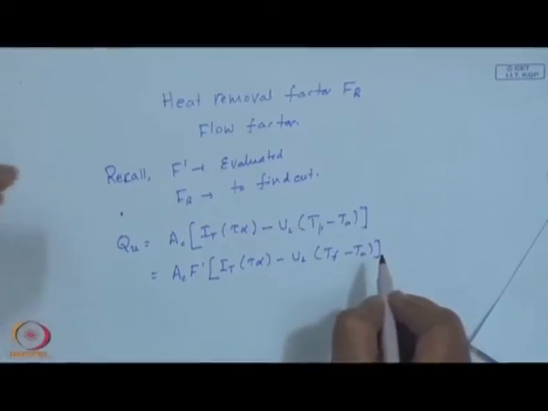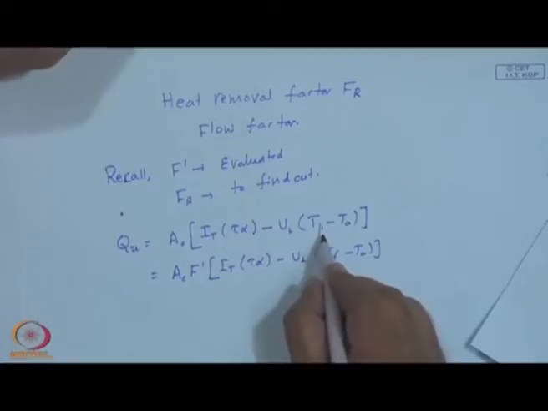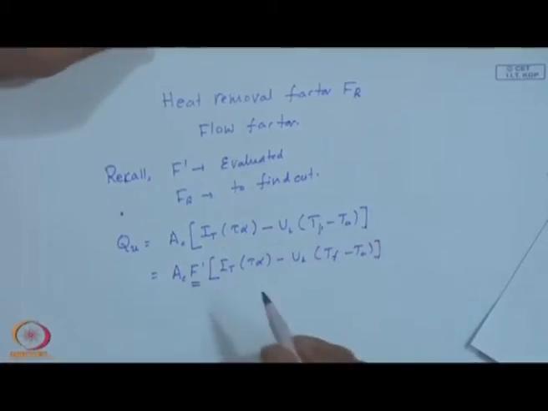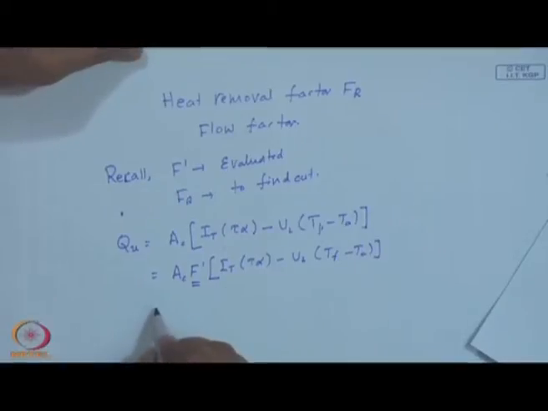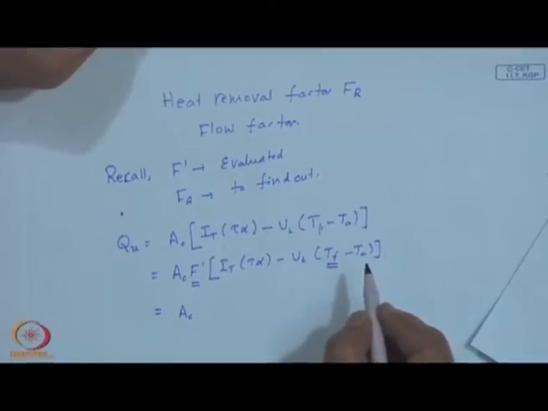That means, as if the losses are taking place from the fluid temperature rather than the plate temperature. To compensate this underestimation, we have put a factor f dash, which will be less than 1. Subsequently, we see even the uncertainty of this T f, whether it is the mean temperature or the temperature of the fluid at a mean location.